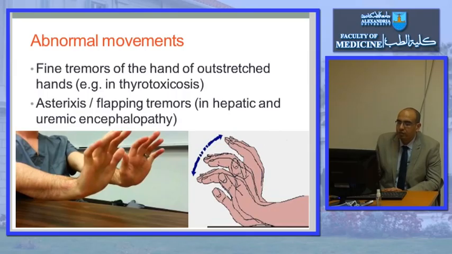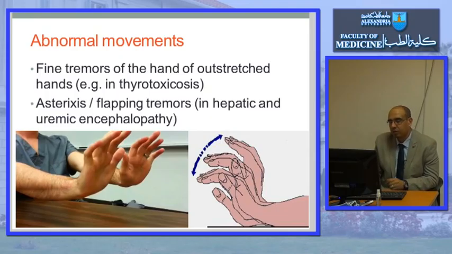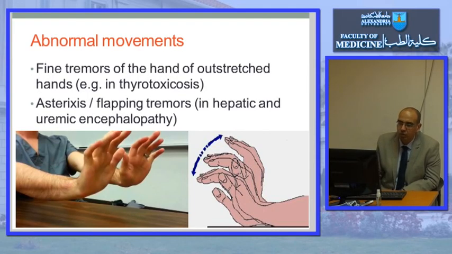At last, we should comment on tremors of the hand. Tremors of the hand, normally, of course, are not present. But tremors might be fine tremors, as in cases of thyrotoxicosis, and we will see in clinical examination how to examine or search for fine tremors, or coarse or flapping tremors, which is called asterixis, as in case of hepatic and uremic encephalopathy.